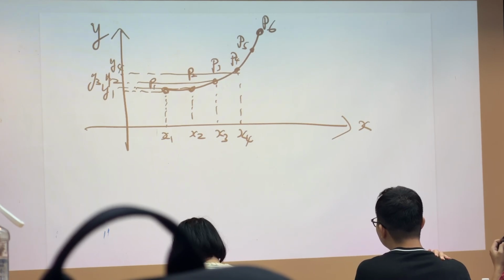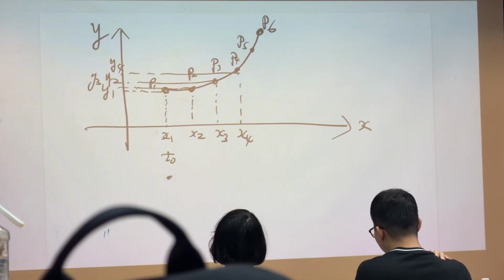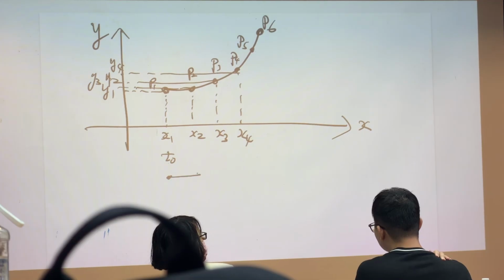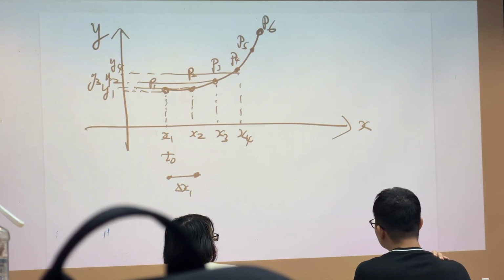If we look at X1 only, that means at time t0, I'm at X1 position, and I need to move to X2 position. When I move from X1 to X2, this is a delta X1, and delta X1 means the step function.